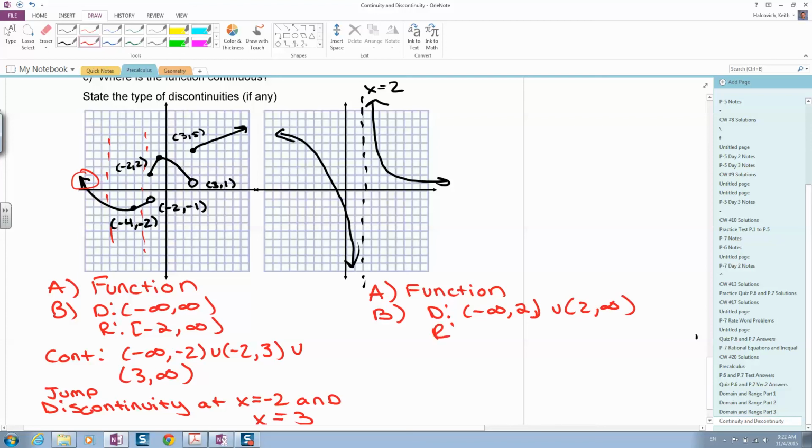The range, notice it goes on forever down and up, so the range is all real numbers. And then it's continuous from negative infinity to +2, and then from 2 on forever. So basically the same as the domain here.